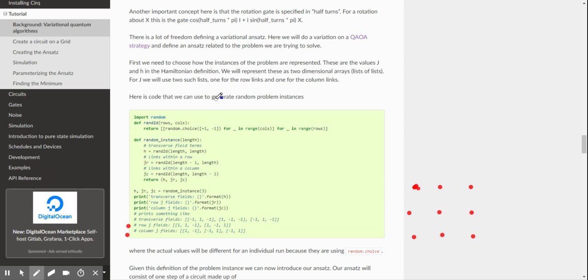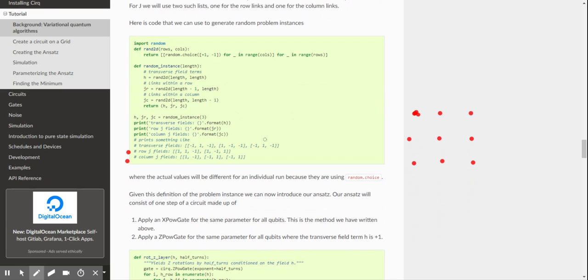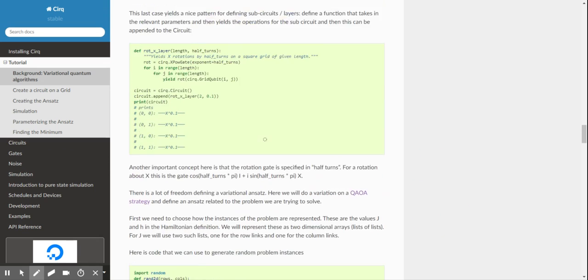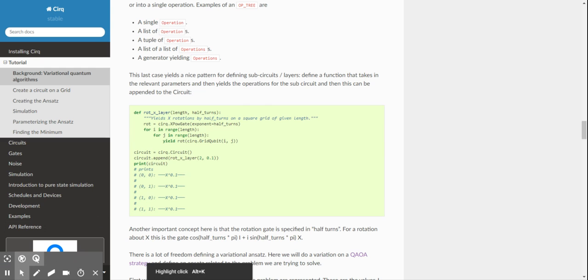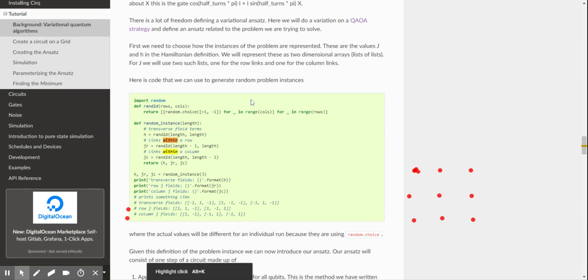Two such links, one for the row links, one for the column links. Here's the code that we can use to generate a random problem. Okay, so I just found it, it's here in the comments. Links within a row, links within a column.